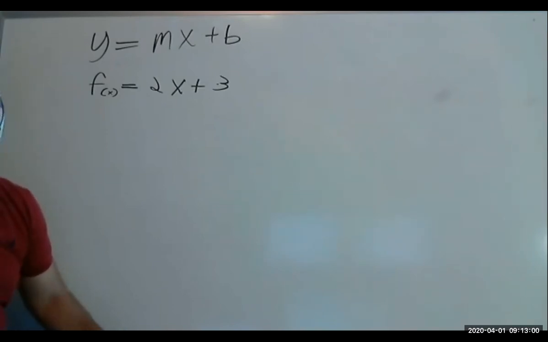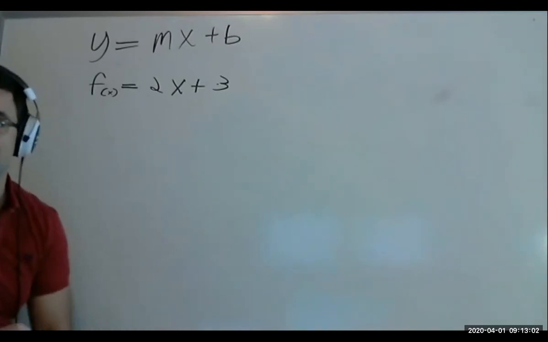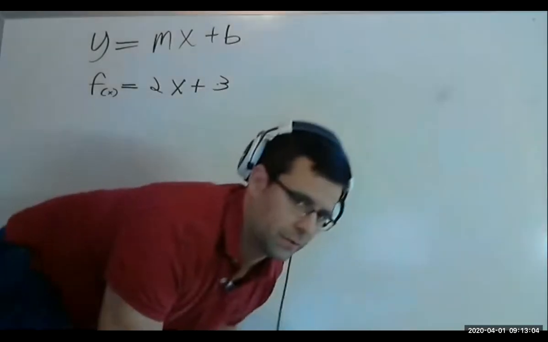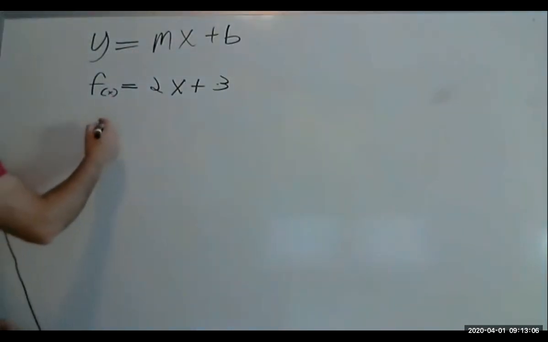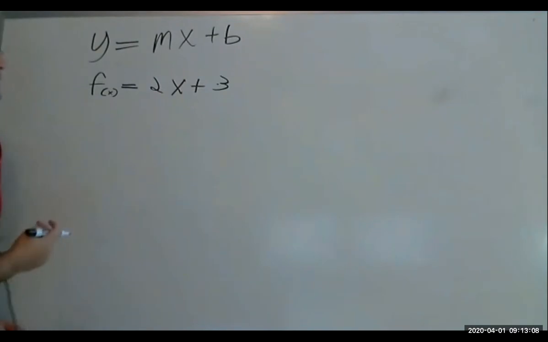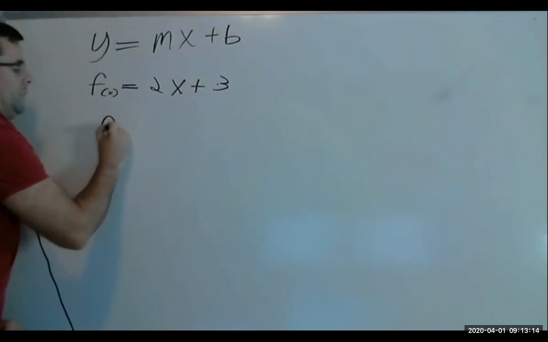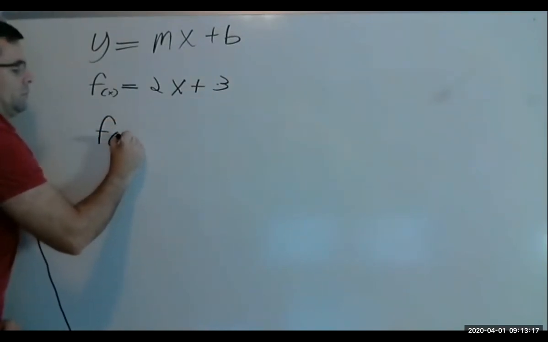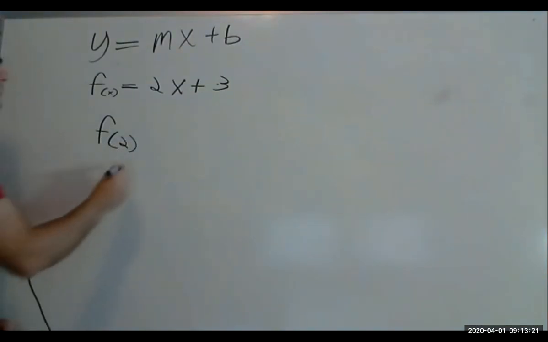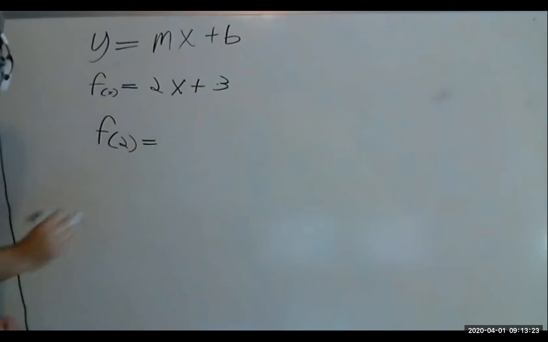Well, first thing we talk about is evaluating a function. So if this is f of x equals 2x plus 3, what does it mean when I write f of, let's say, 2? What does that mean?